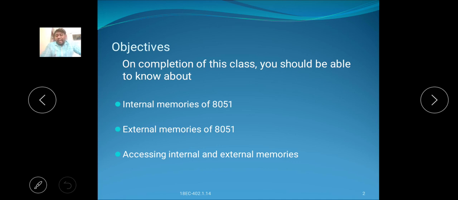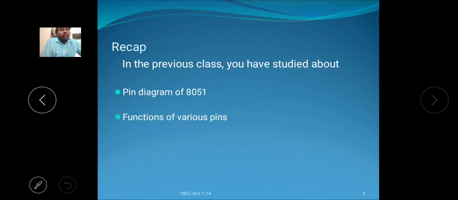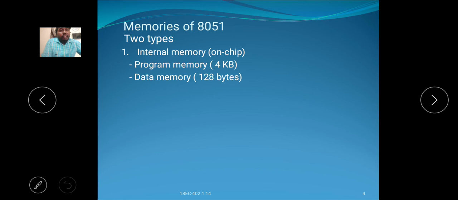This part cannot be erased or altered after fabrication. This is the discussion about the memory organization of 8051.